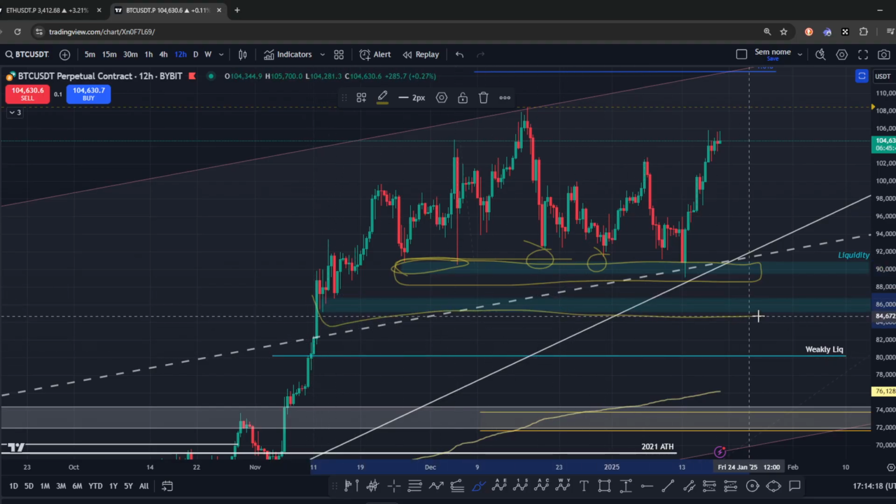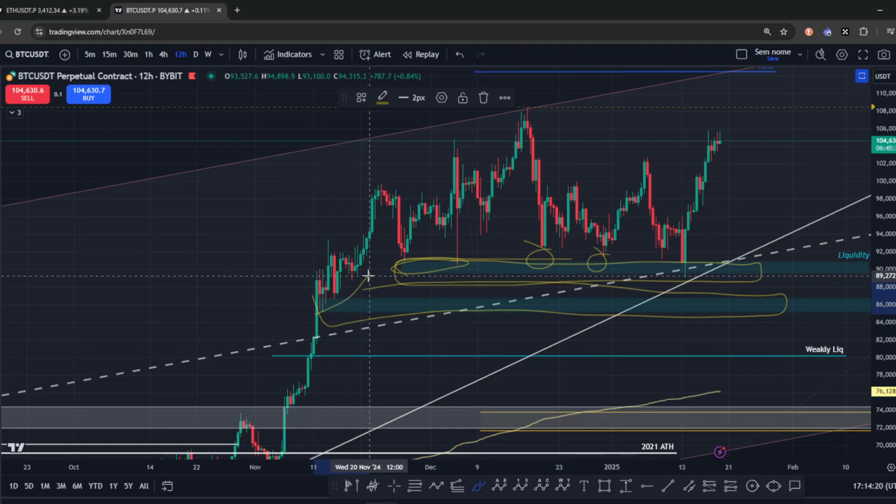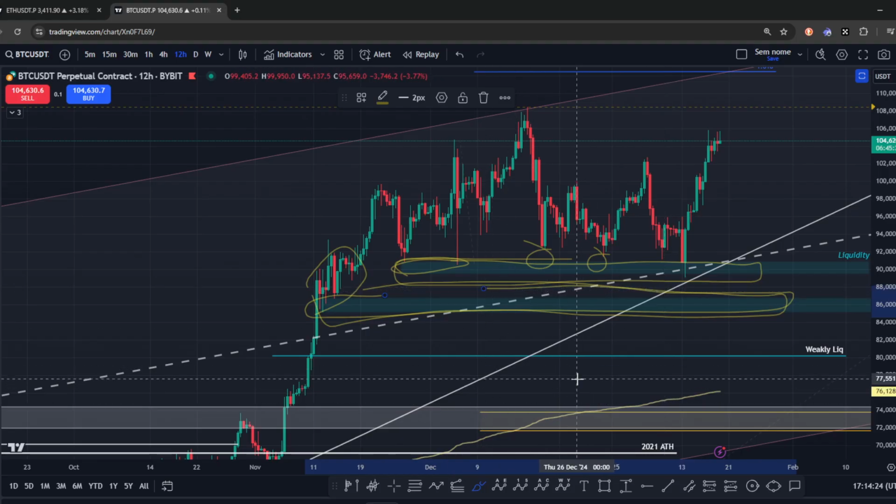And we have here another one, this consolidation zone, still to be targeted later, probably could be months later, could be next week.